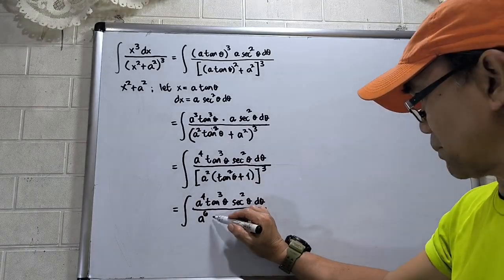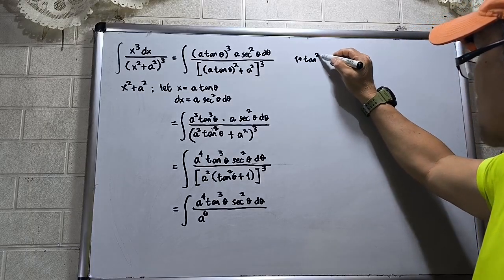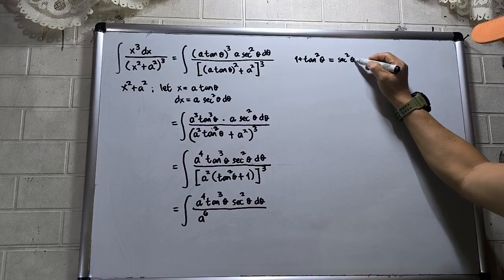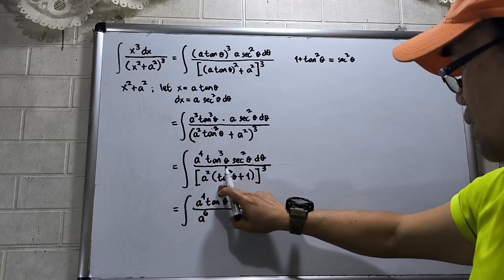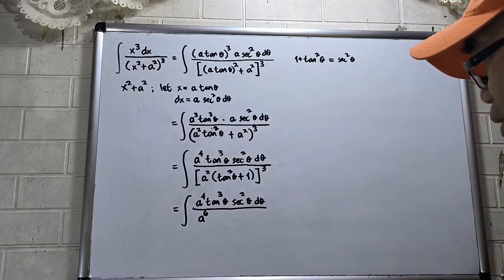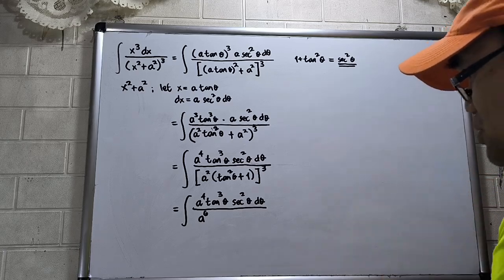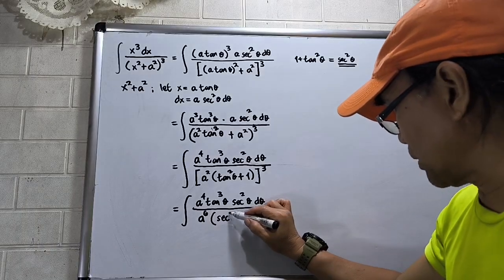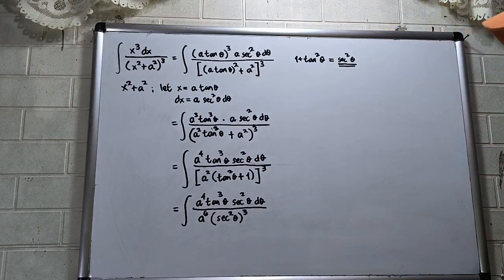Note that we have 1 plus tangent squared theta. This will be equal to secant squared theta. This is a Pythagorean identity. So meaning the value of 1 plus tangent squared theta, or tangent squared theta plus 1, is secant squared theta. So meaning this will be secant squared theta raised to the power of 3.